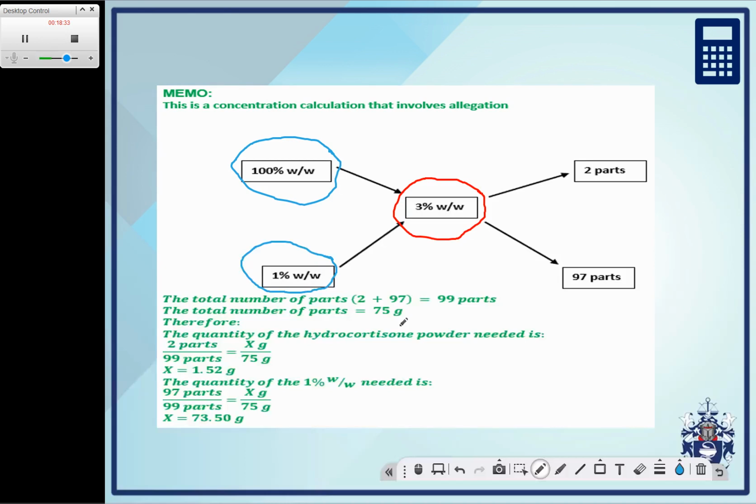And the total parts you get by adding 2 parts to 97 parts, and that will give you 99 parts. So if you know that 99 parts will therefore be equal to 75 grams, you can do a calculation and get the corresponding quantities of the 2 parts and the 97 parts.